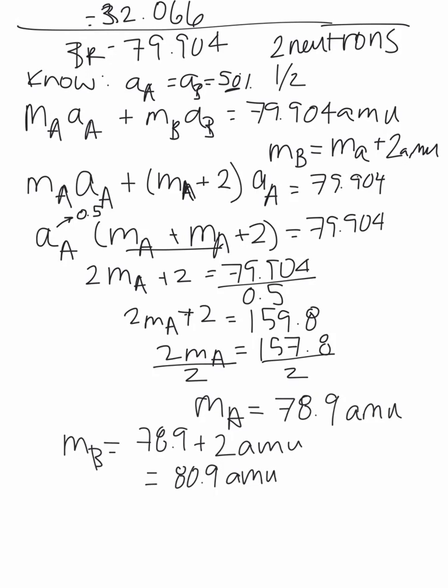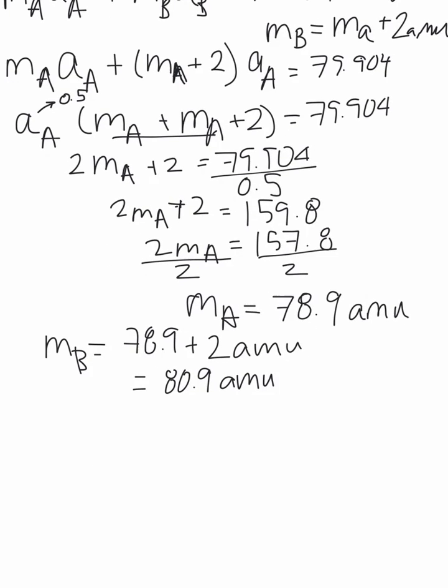When we look at our mass numbers, we don't have fractional neutrons or fractional protons, so in this case, we would round them both. So isotope A of bromine would have a mass number of 79, and our isotope B of bromine would have a mass number of 81.